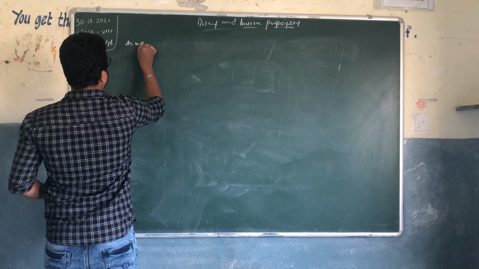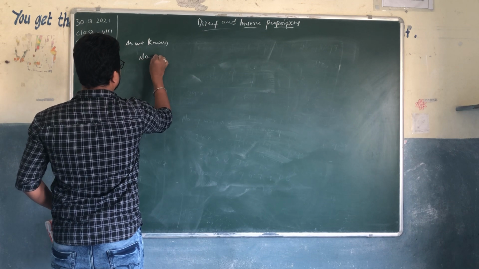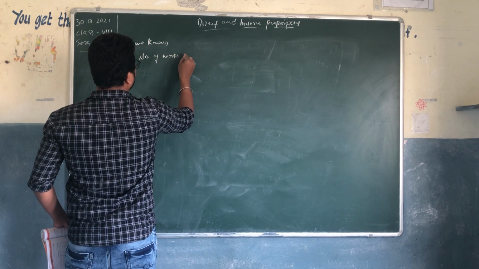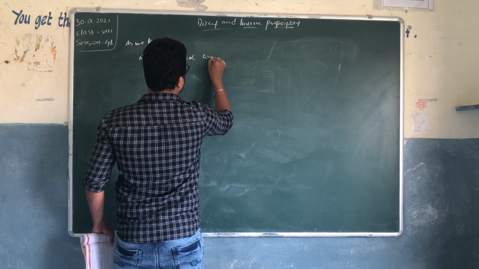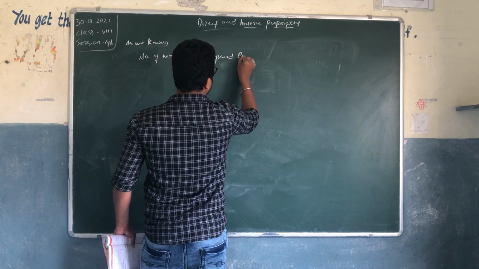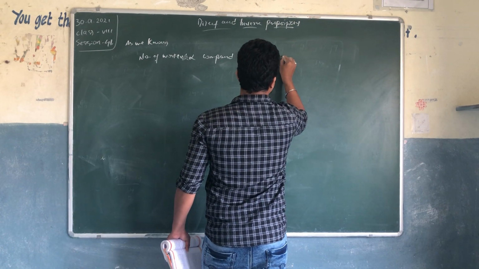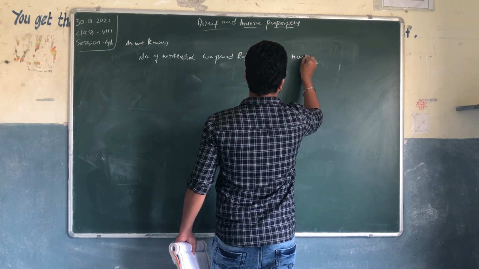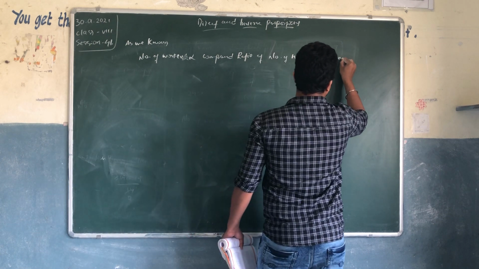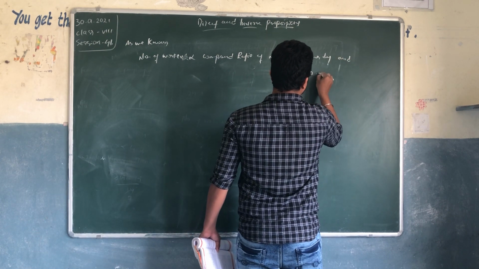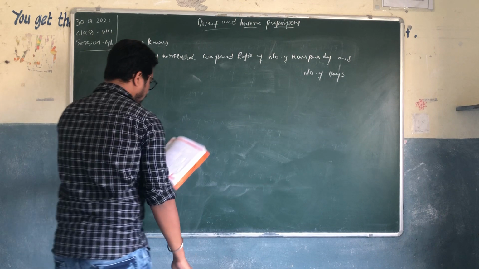As we know, number of workers is directly proportional to the compound ratio of number of hours per day and number of days, right?